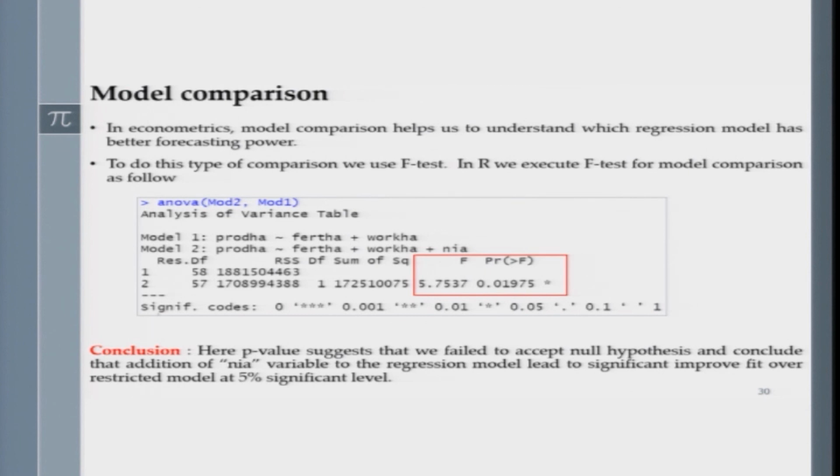So, we reject the null hypothesis. Thus, we can conclude that the addition of the input variable NIA to the regression model leads to significant improvement in fit over the restricted model. Basically, we require that NIA variable back in the regression model if we want to improve the fit of the model. The unrestricted model is doing a better job compared to the restricted model.